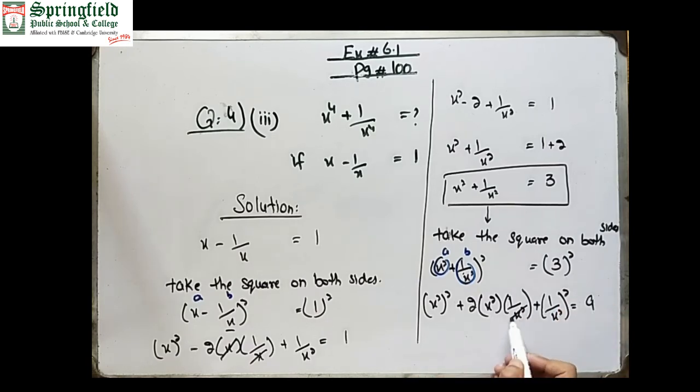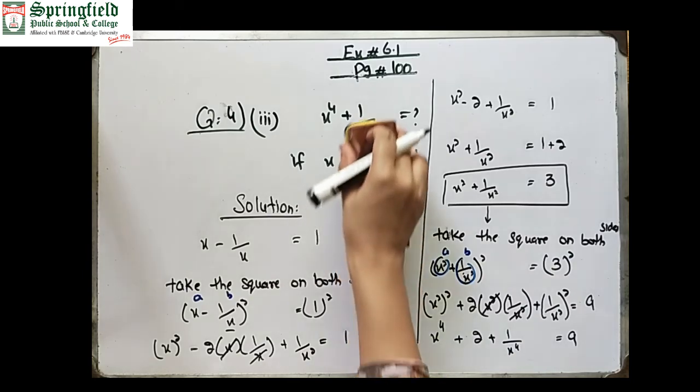Now x square can be cancelled with the x square. So x, open the bracket, will become x, 2 2 is 4. Then plus 2 plus 1 by 1 square means 1, x power 2, it will become x4 is equal to 9.